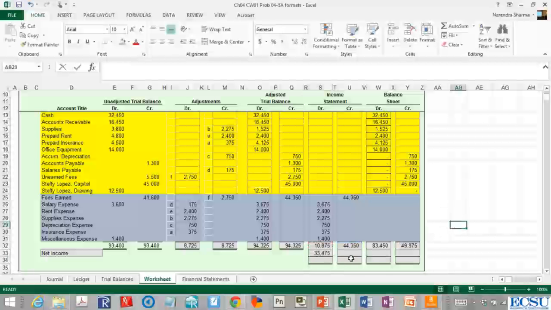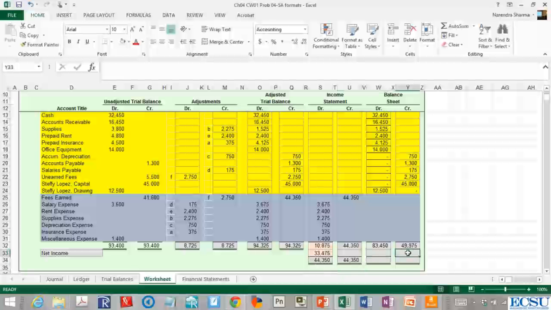Therefore my net income is 33,475, and I make a total of 44,350, because if I add these two figures, I get 44,350 here too. So the two totals should be equal.